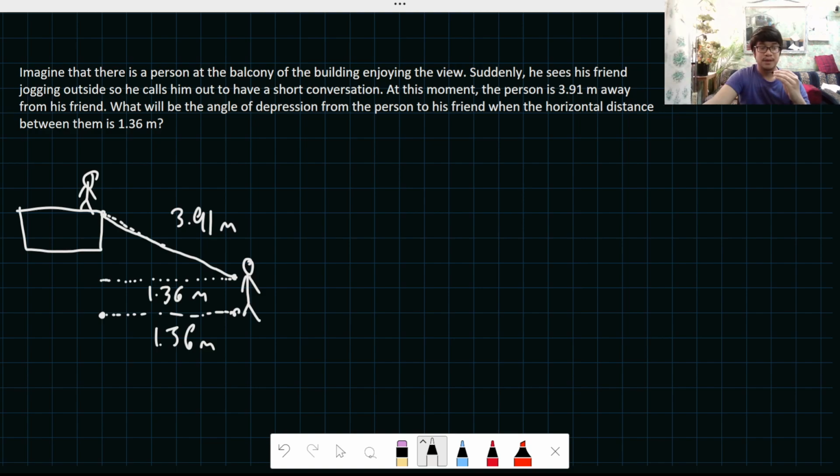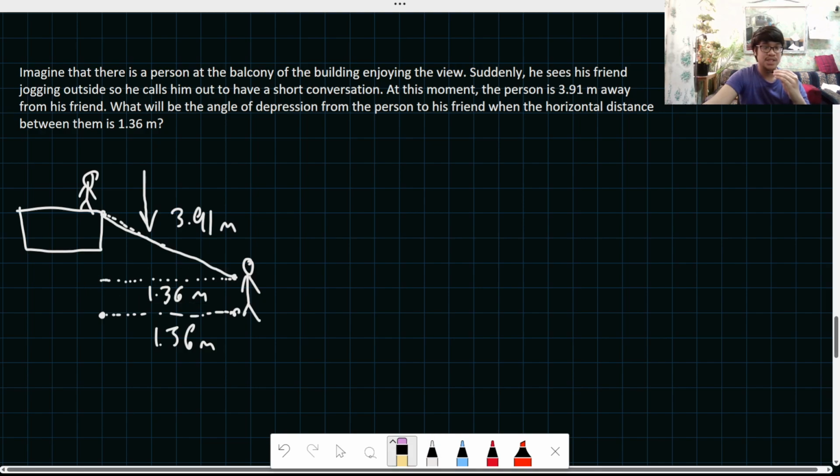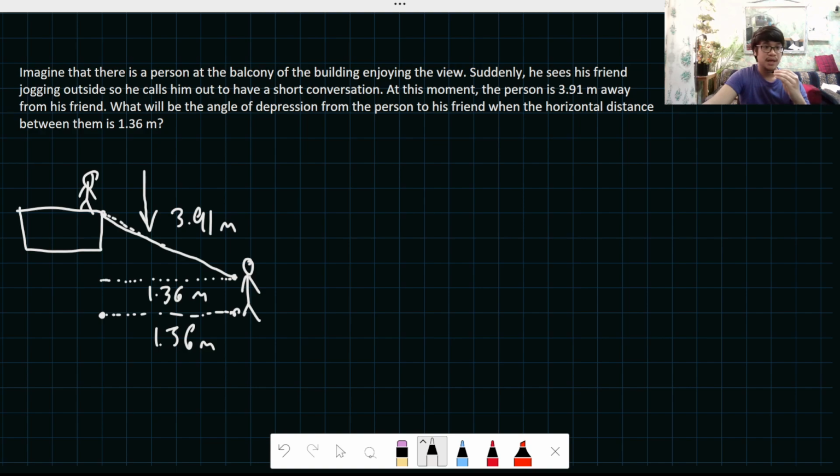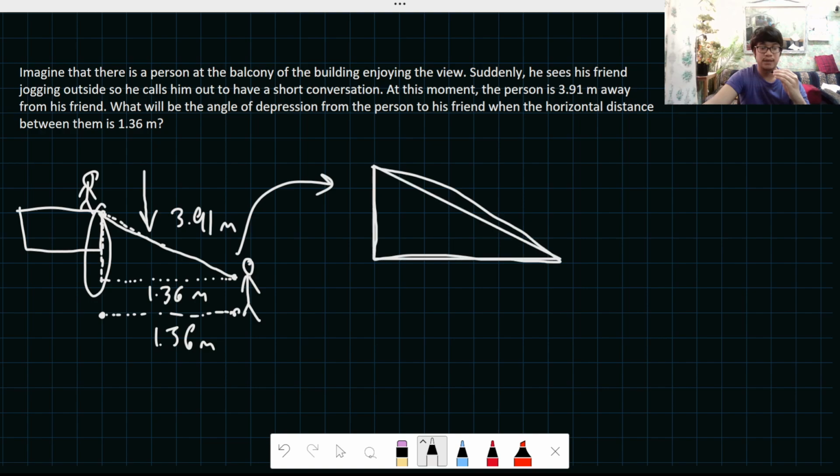Now, here's the thing. We can actually form a right triangle here. We have the diagonal line, the base, and then its vertical component, which is this one. So with that, we can rewrite it this way.